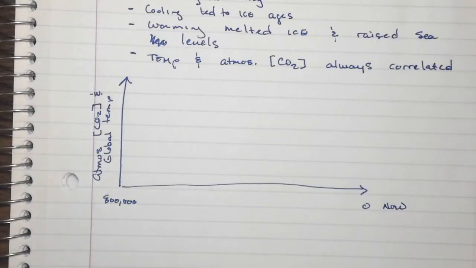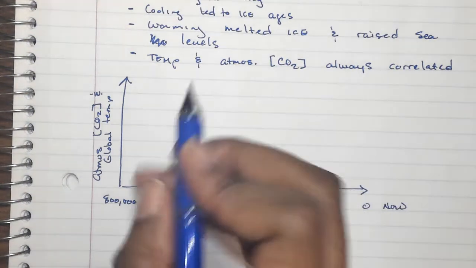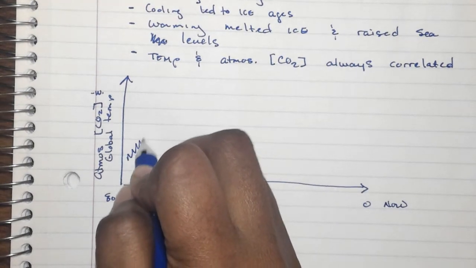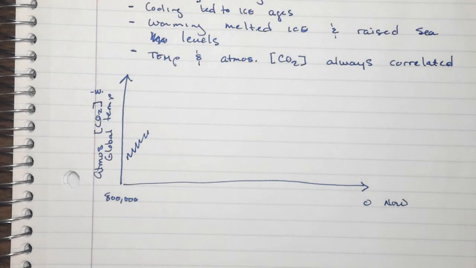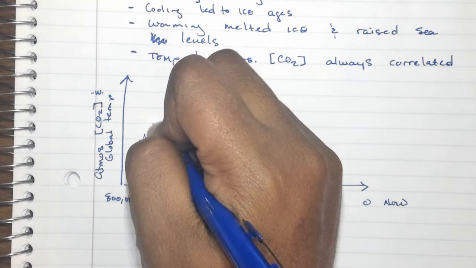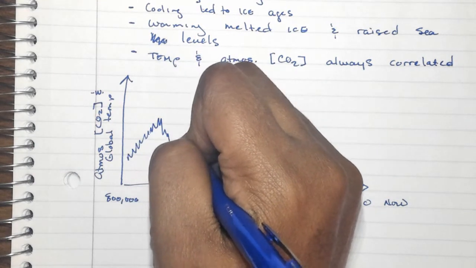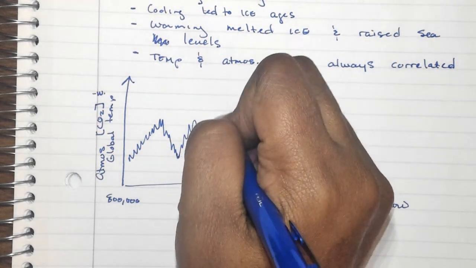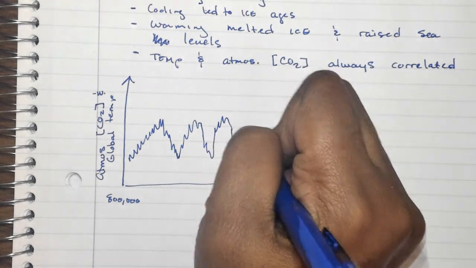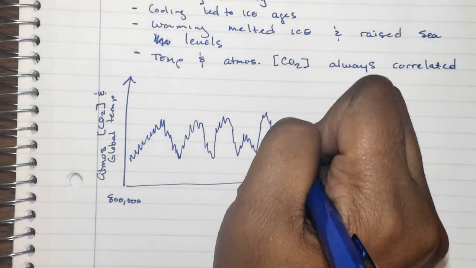Okay, so with atmospheric CO2, I wanted you to understand the reason why I'm going up and down like this is because in the winter months, there's more CO2. Spring months, there's less. So it's not a straight line. It's got to be up and down. Okay, so I don't want you to be like, what is she doing? So it doesn't have to be perfect. I just need you to get the general look here.